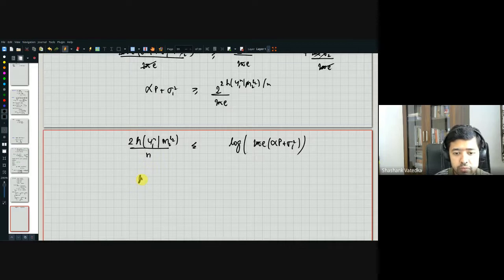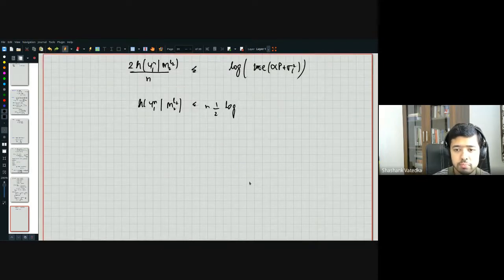Or h of y1 given m2 is upper bounded by n times half log 2 pi e times alpha p plus sigma 1 square.